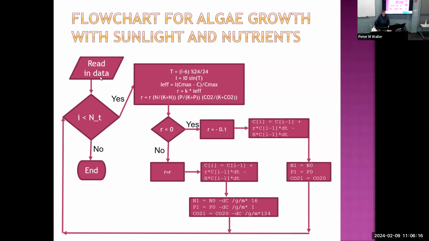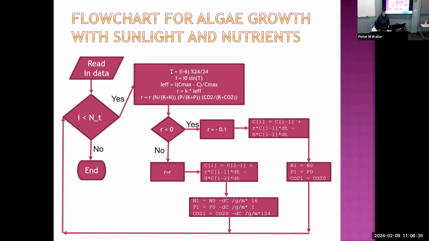And so you read in the data, and then we start a for loop. And we have NT time steps in the for loop, and we keep going until we're finished. And then we're going to do calculations.